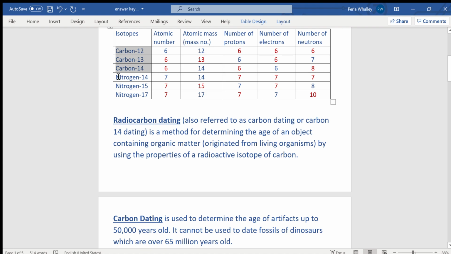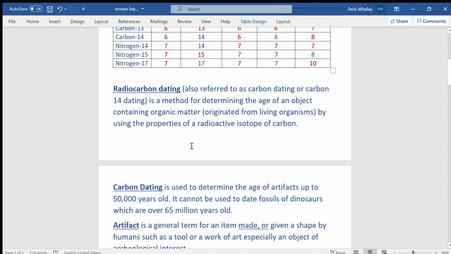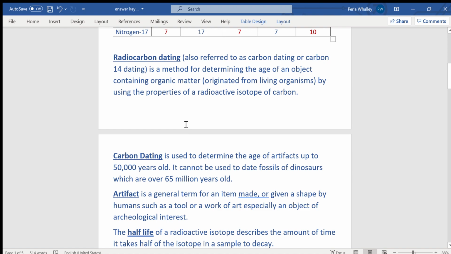For isotopes of nitrogen, these are atoms of the same element with the same number of protons, but a different number of neutrons. Okay, so from these isotopes, we will take one and get the uses. So we have carbon-14.